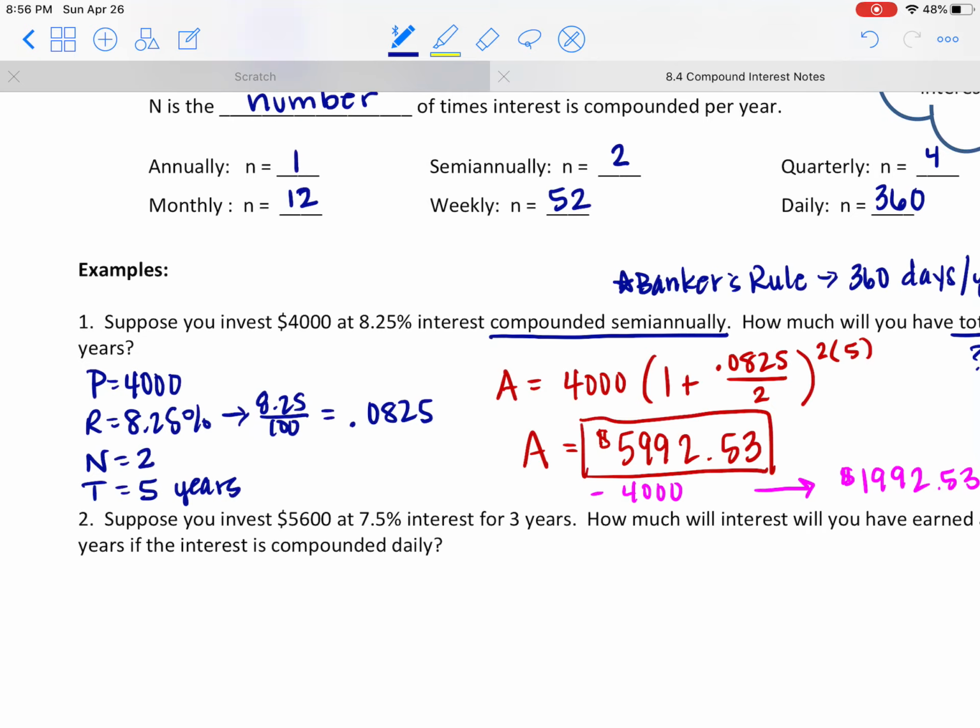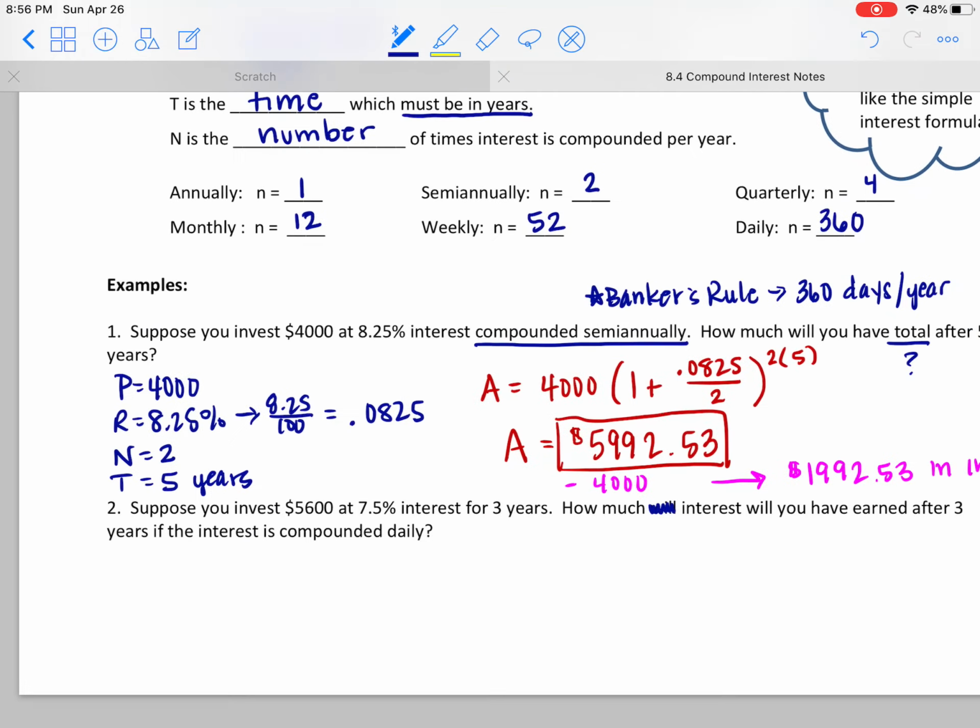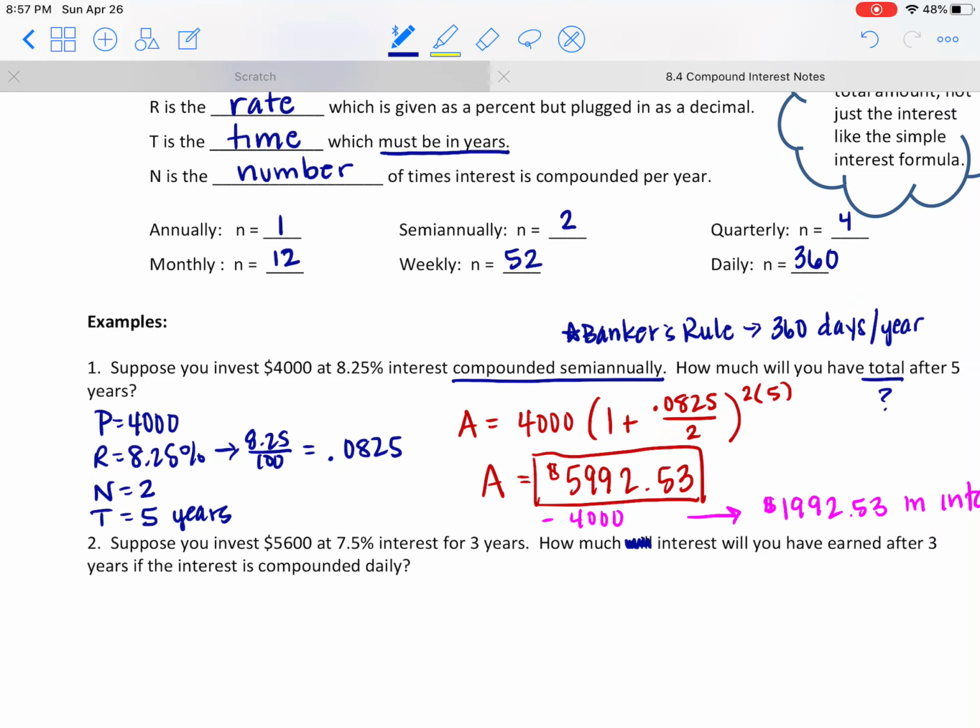All right, let's try that again. Let's see. Suppose you invest $5,600 at 7.5% interest for 3 years. How much interest will you have earned after 3 years if interest is compounded daily? So we have a principal amount of $5,600.